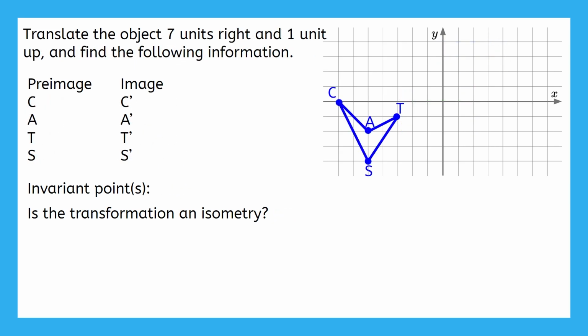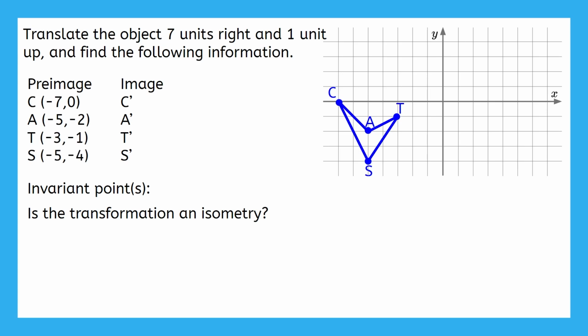Here's our second example. It says to translate the object 7 units right and 1 unit up, and find the following information. It's your turn to try this on your own, and I know you can do this. So pause the video and complete this problem. Here are the points C, A, T, and S on the pre-image.